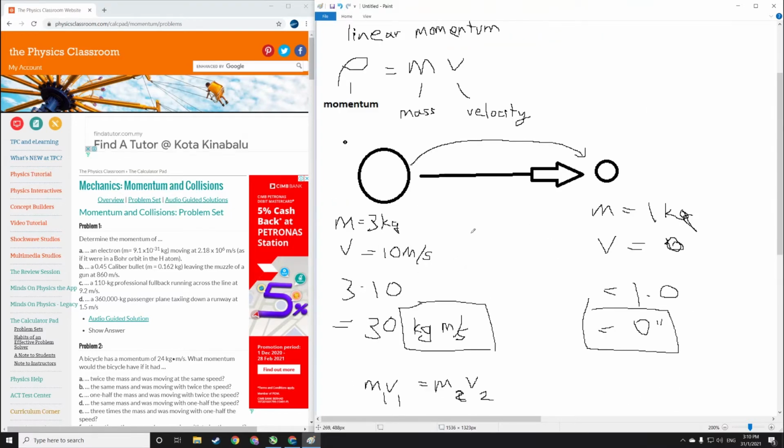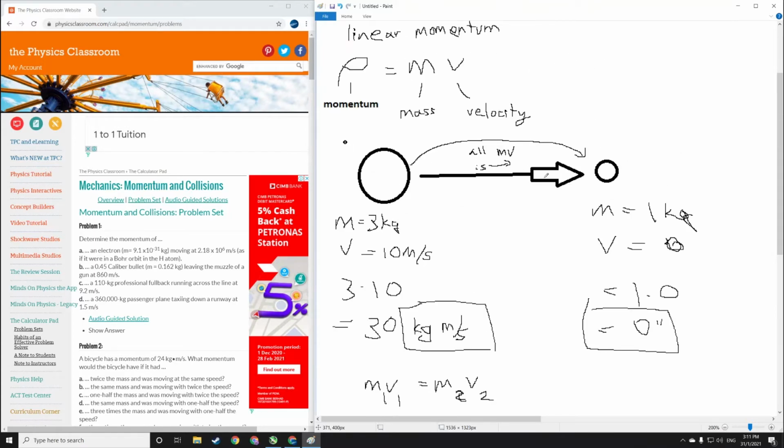So let's look at this event, for instance. We already decided that 30 kilogram meters per second was the momentum of this one, and this one is 0. Now they collide, okay? And we decide in the question that all momentum is transferred to this ball.